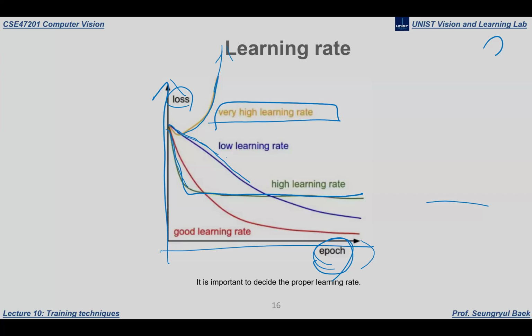If the parameters are not improving anymore, then it is good to reduce the learning rate, so that it can fine tune the parameters.